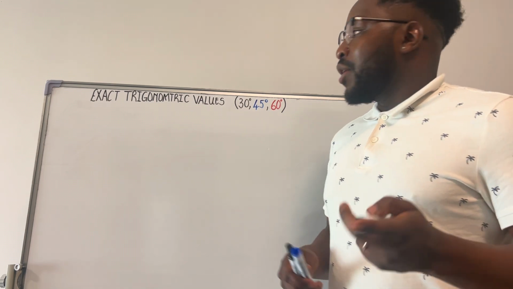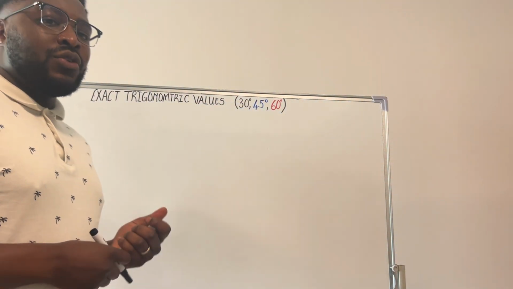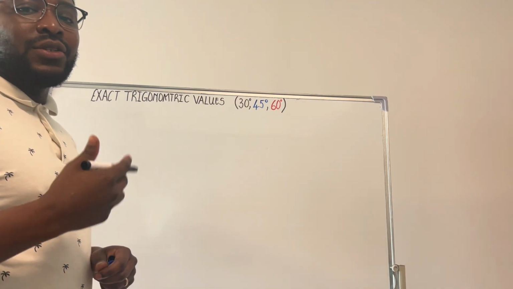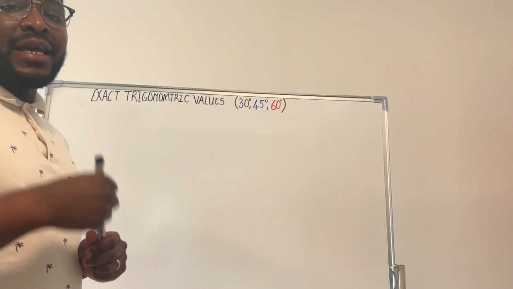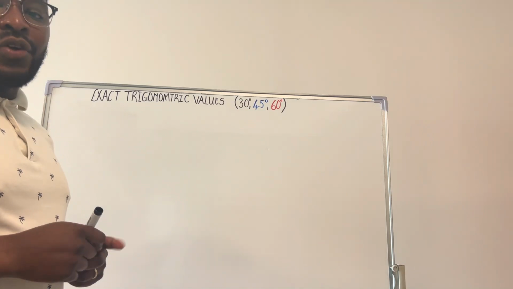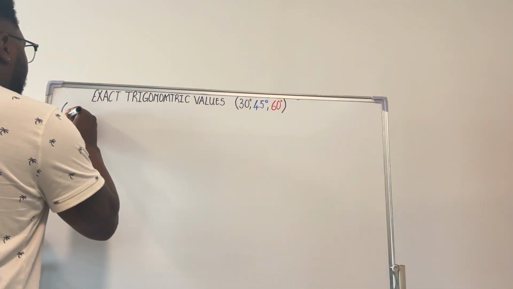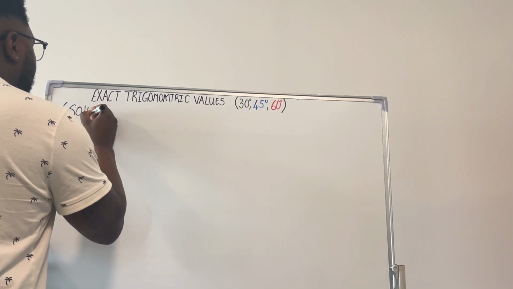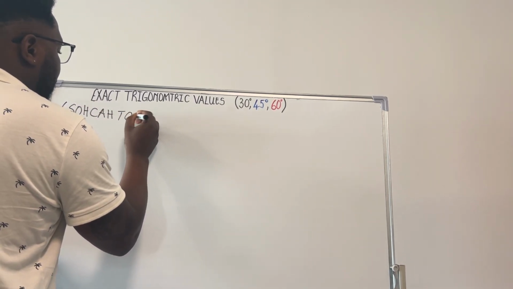Okay. So now, if you remember in our previous lesson, we did use the phrase SOH CAH TOA to help us find the missing side and angle in a right triangle. So let me just write that phrase right here. SOH CAH TOA.